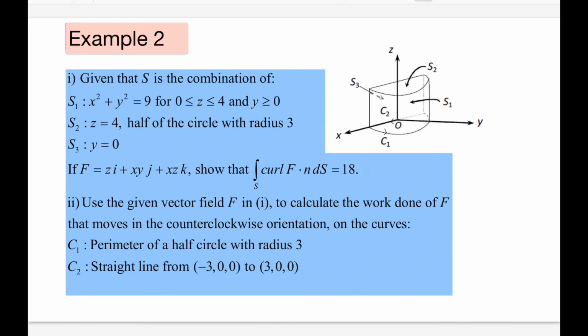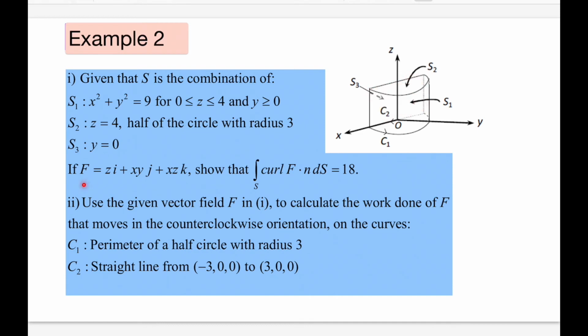Example number 2, given that S is a combination of surfaces S1, S2 and S3 at the back here. S1: x squared plus y squared equal to 9, this curve. And then S2: z equal to 4 here, half of the circle with radius 3, and S3: y equal to 0, this surface.